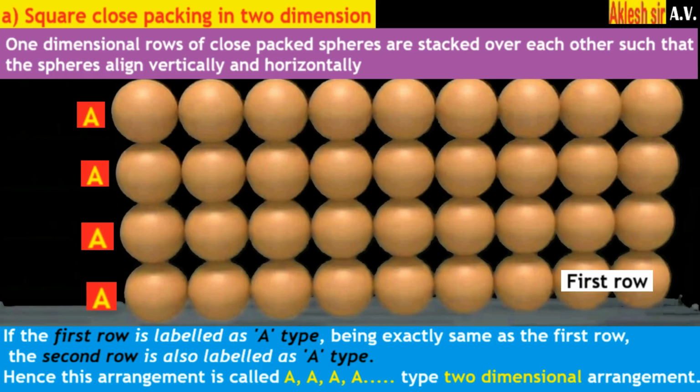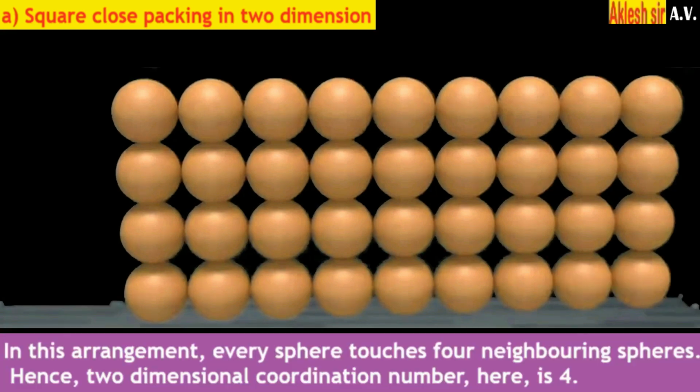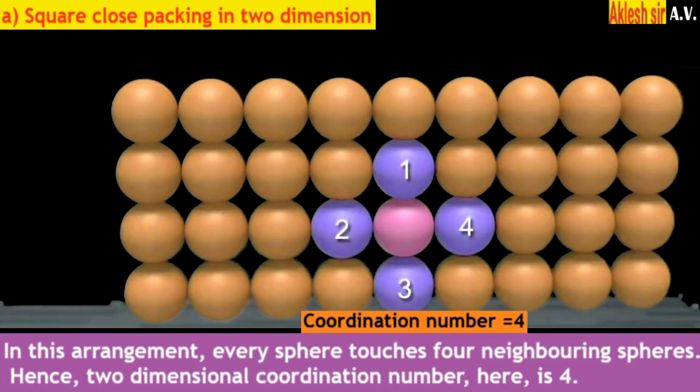If we keep on placing rows one above the other, such an arrangement is called an AAA type 2-dimensional arrangement. In this arrangement, every sphere touches 4 neighboring spheres. Hence, the 2-dimensional coordination number here is 4.